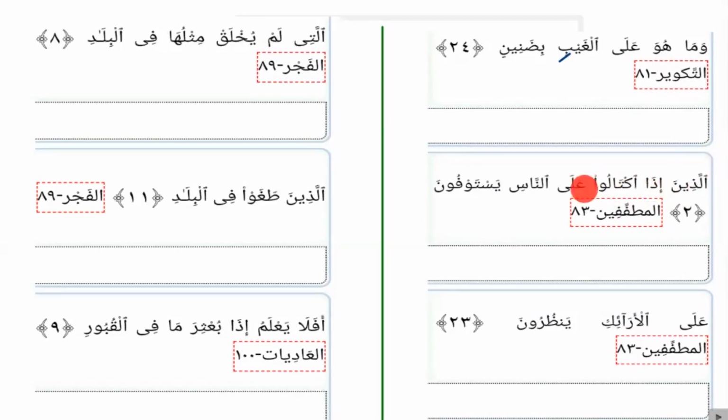Allazi izaktalu ala nasi. You see, nasi. So you see. Ala nasi, not nasu. You see, then we have here alal araiki. You see, not alal araiku, but what?